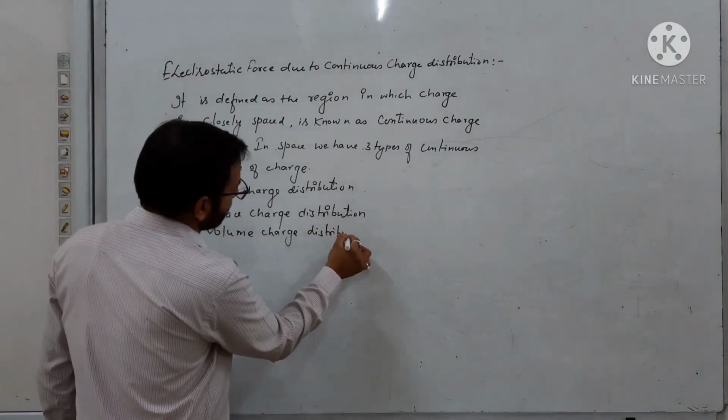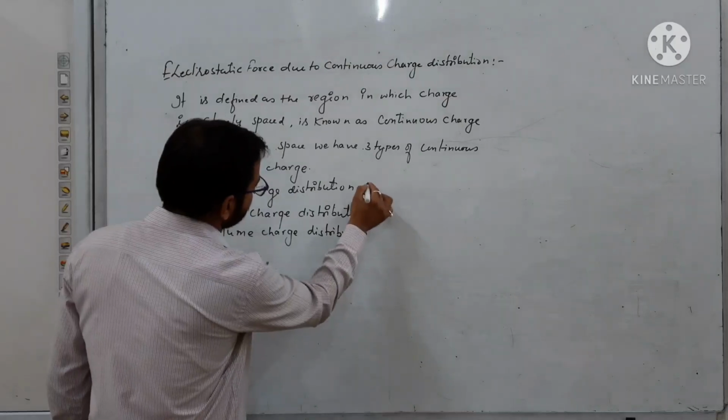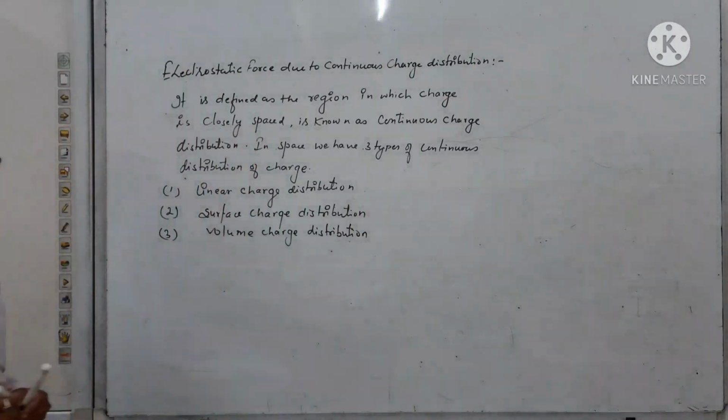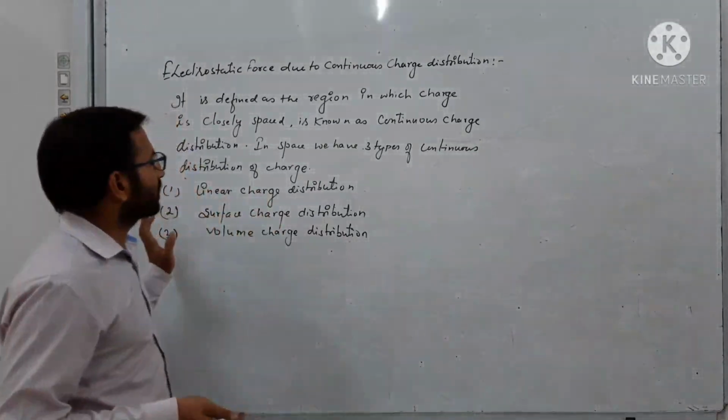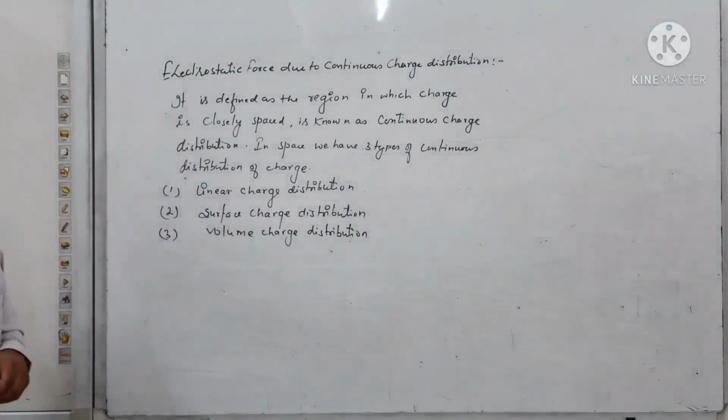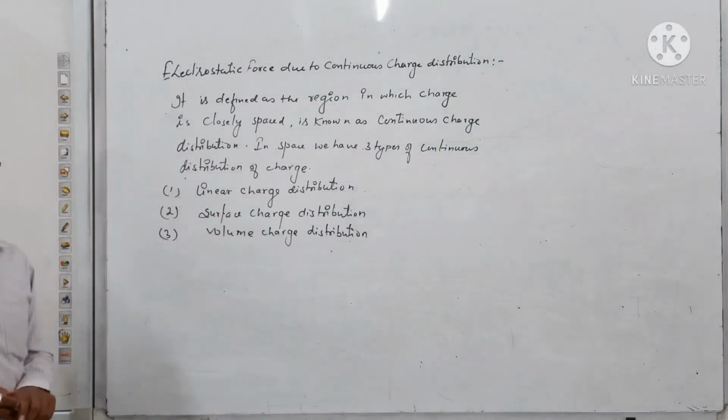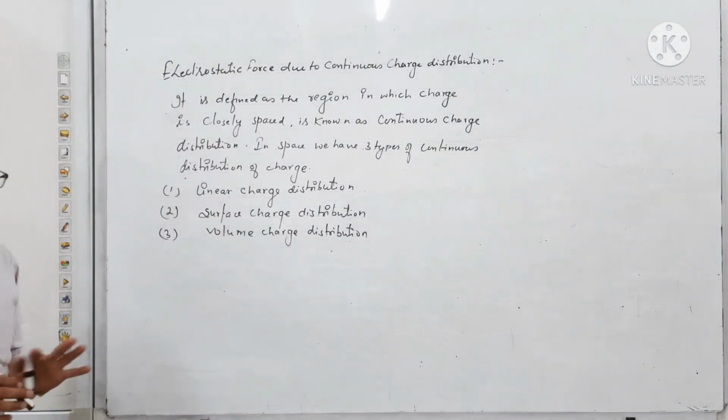When we talk about the first one, which is linear charge distribution, the charge is closely spaced in a way that the distribution is linear, meaning one dimensional.